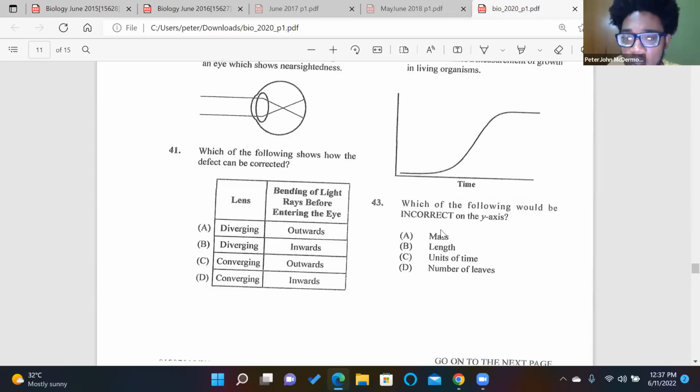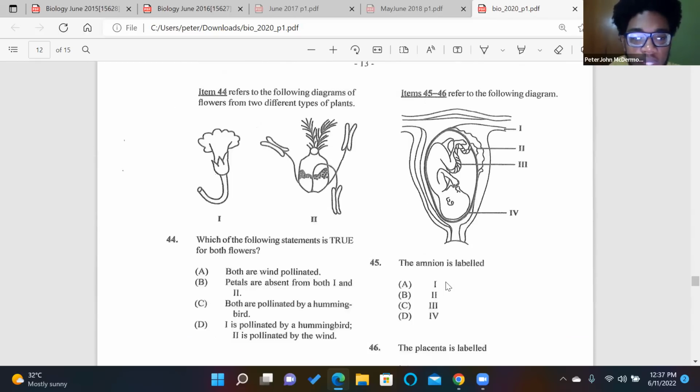So when we're thinking about things that are variable, what do we think? Mass, pretty variable. Length, pretty variable. Number of leaves, pretty variable. Units of time, pretty constant. So units of time, 1 minute, 2 minutes, 3 minutes, 4 minutes, 5 minutes, 6 minutes, 7 minutes. So that would typically go on the X. The rest of these could go on the Y, right?